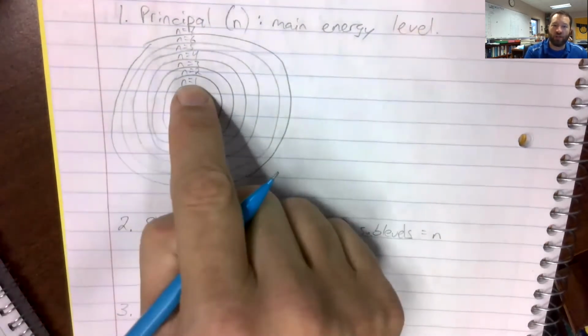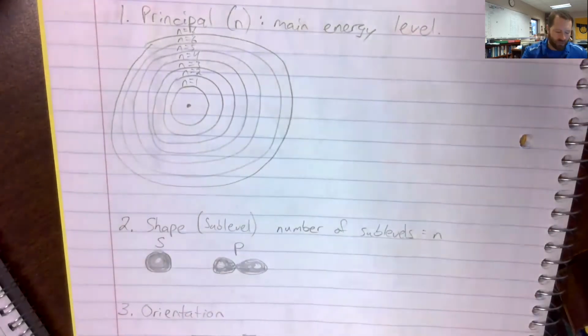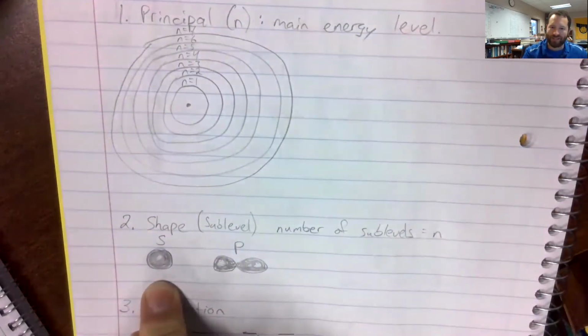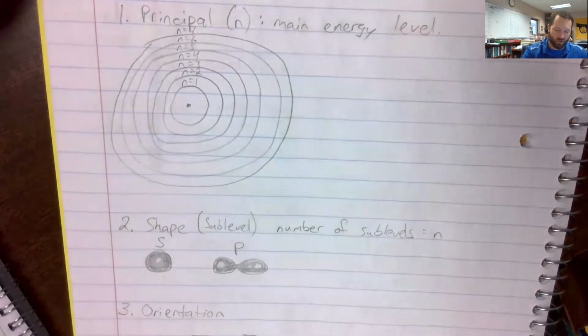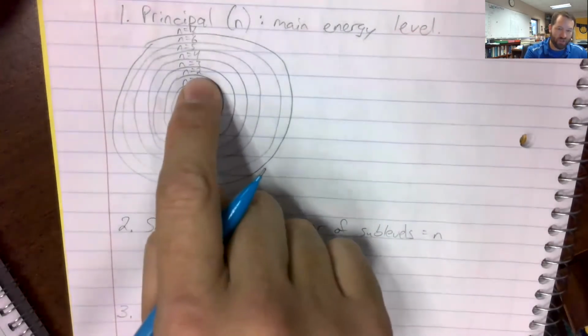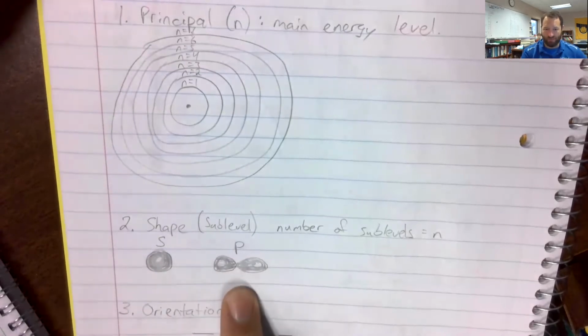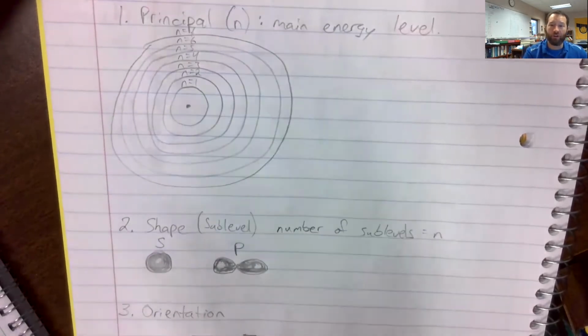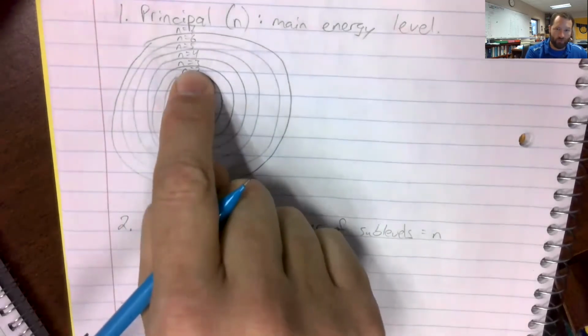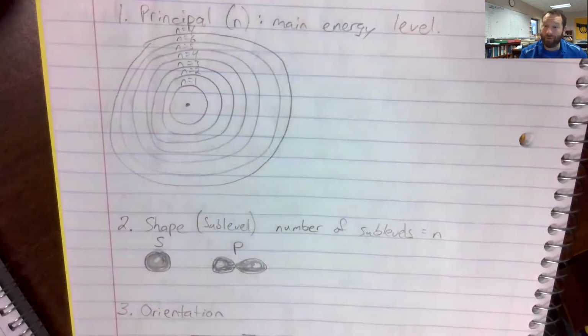The first energy level could only have one sublevel, the S. The second energy level could have 2 sublevels, the S and the P, the 2S and the 2P. So the third principal energy level could have 3 different sublevels.